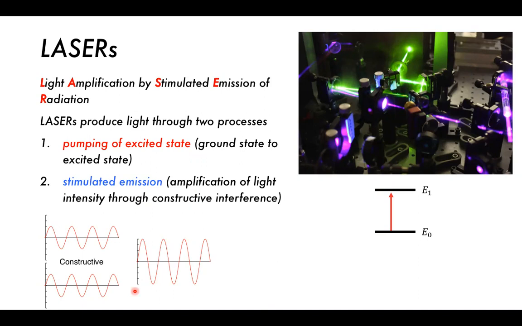Effectively, what the two processes are. And then this sort of high intensity light of a specific wavelength is due to the presence of the two energy states within the lasing medium, whatever the material is that we're using.